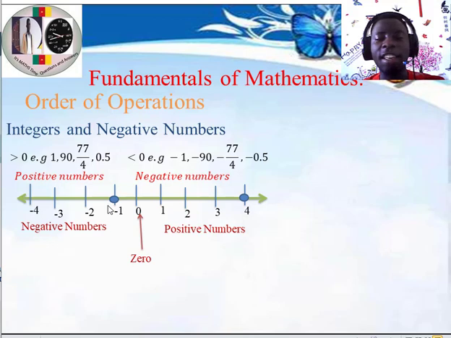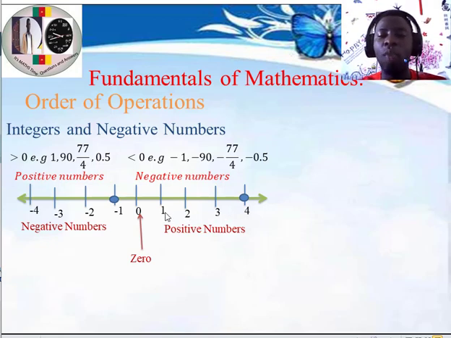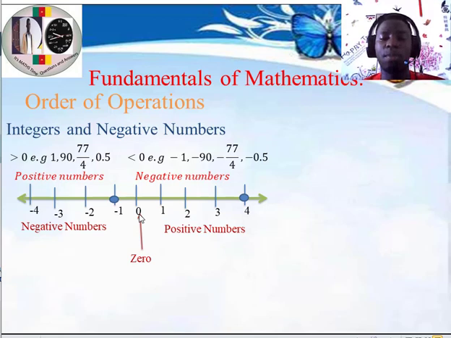Therefore, if that is in our mind, we can conclude that positive numbers increase when we go to the right, meaning that 4 is greater than 3, 2 is greater than 1, 1 is greater than 0. So as we go to the right, the positive numbers increase.